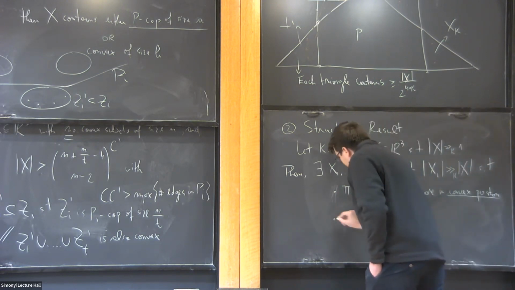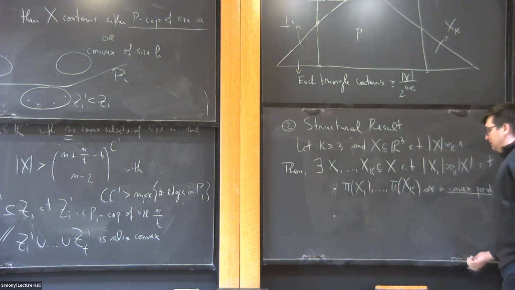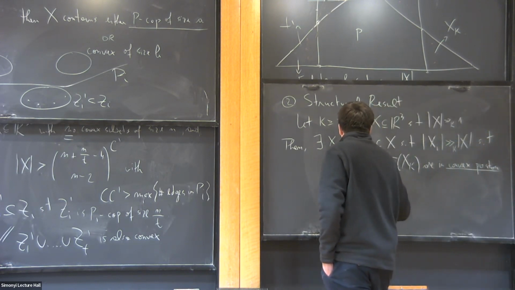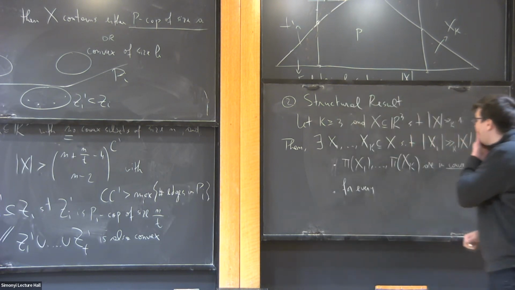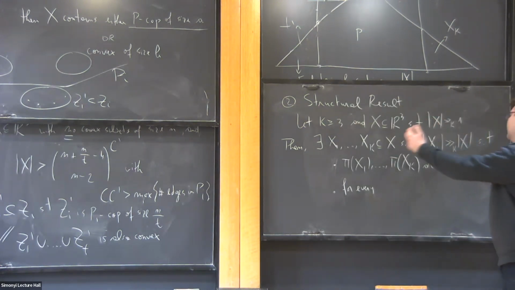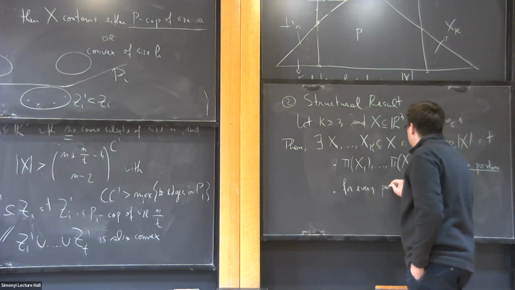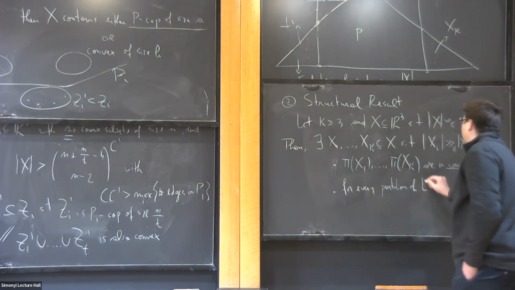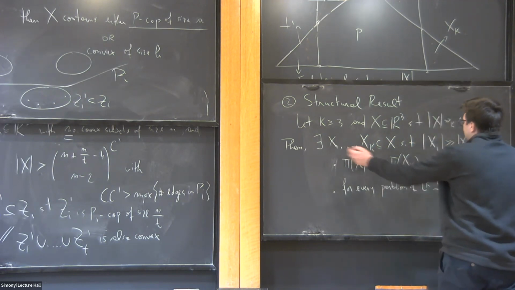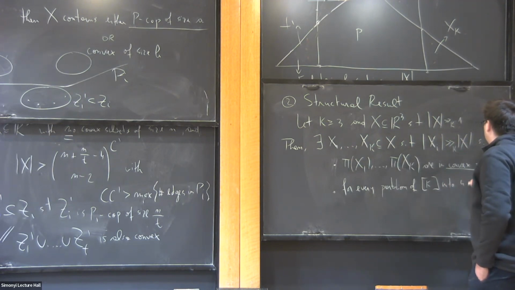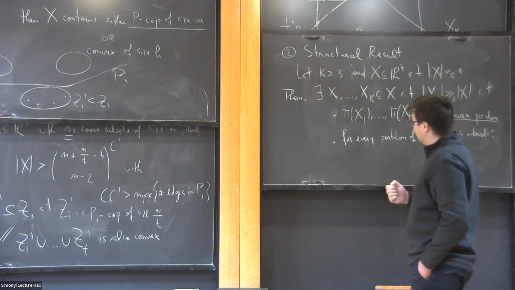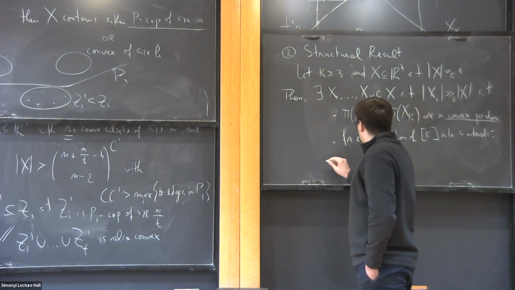We need a second condition that's specific for R3, a certain separation condition. This condition is for every partition of the set of indices, the interval from 1 up to k, into four intervals, and have the following separation between the sets.